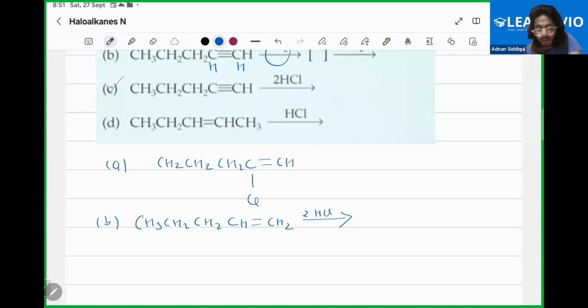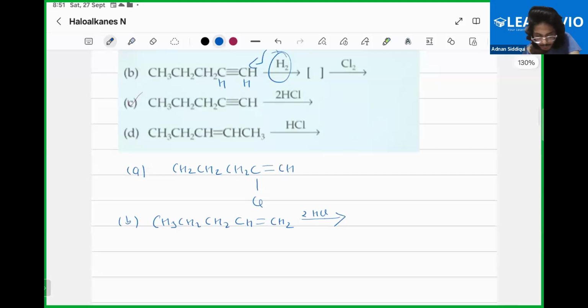So what should be the product here? It will break one more bond and then HCl will go and add to the second carbon. Cl will go and get added to the second carbon. Okay, let us see. Like this. Is this the product that we are hoping for? No.